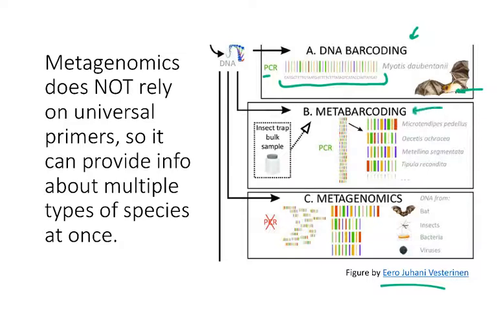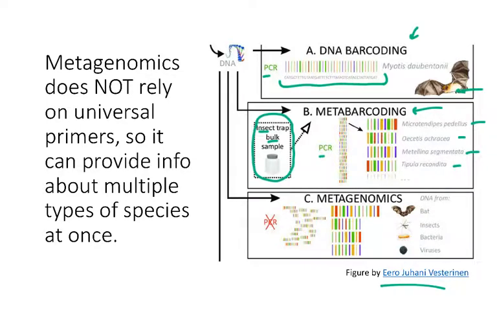For metabarcoding, if we keep moving down the line here, you're able to take this bulk sample. So now you're taking a bulk sample of insects using universal CO1 primers for PCR to amplify this barcode specific region across all insects. And then you're able to identify through high throughput sequencing these different species of insects that were present in your original bulk sample.